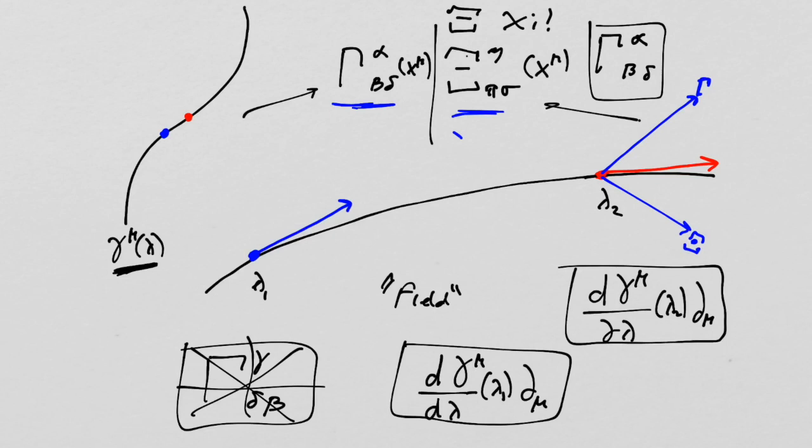Because this curve could be a very special curve whereby the tangent vectors at every point along the curve happen to be the exact same vector you would get, or at least a vector very similar to the vector you would get if I parallel transported it by, say, gamma.